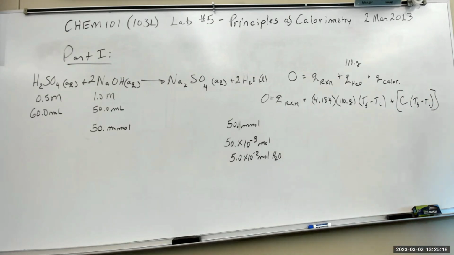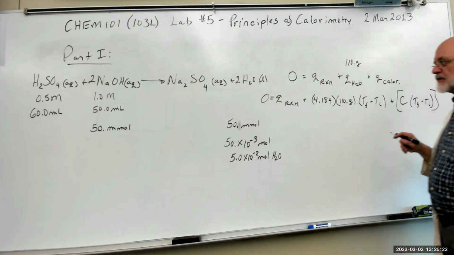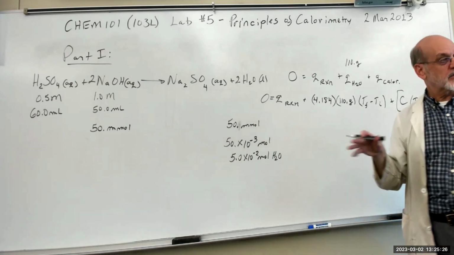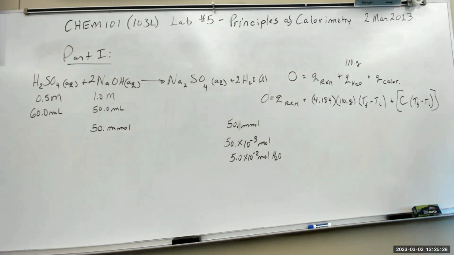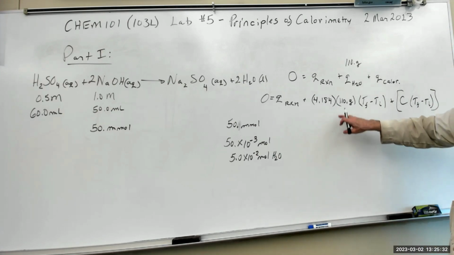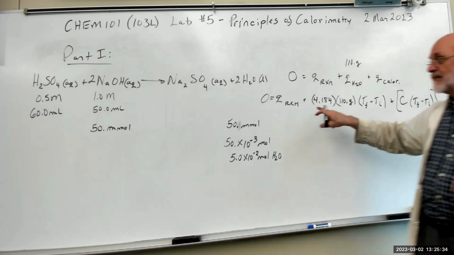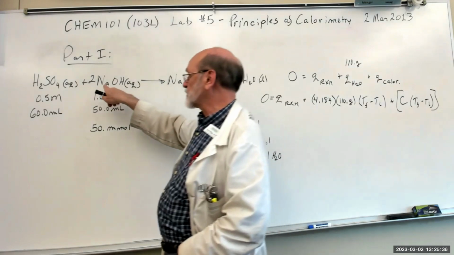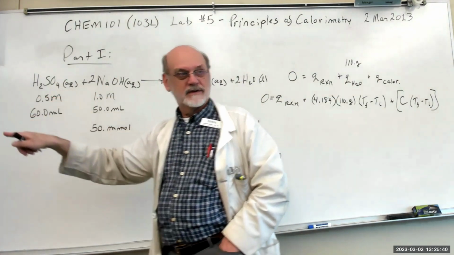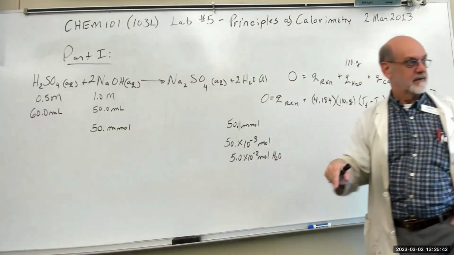Now, there's one trick that you have to be careful about. What's the initial temperature? We know the final temperature because once you mix it together, you measure that. What's the initial temperature? If we're putting all the water together here, that means that the initial temperature of that and the initial temperature of that have to be exactly the same before you put them together.